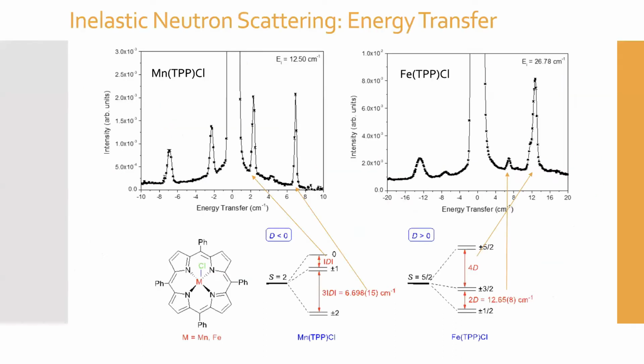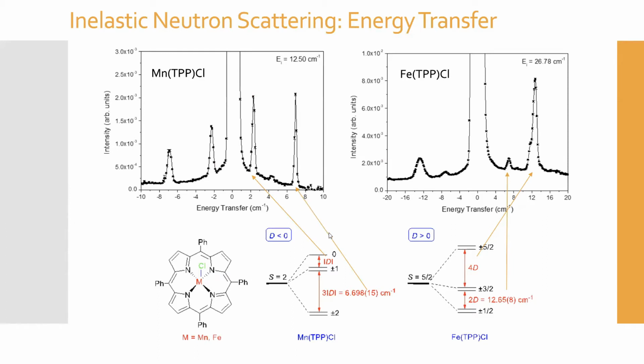So now that we know the samples and a little bit about them, I want to look at the energy transfer data by neutron scattering. We start by looking at the manganese center, and we see our first peak pop up around 2 wave numbers, and our second peak around 7 wave numbers.